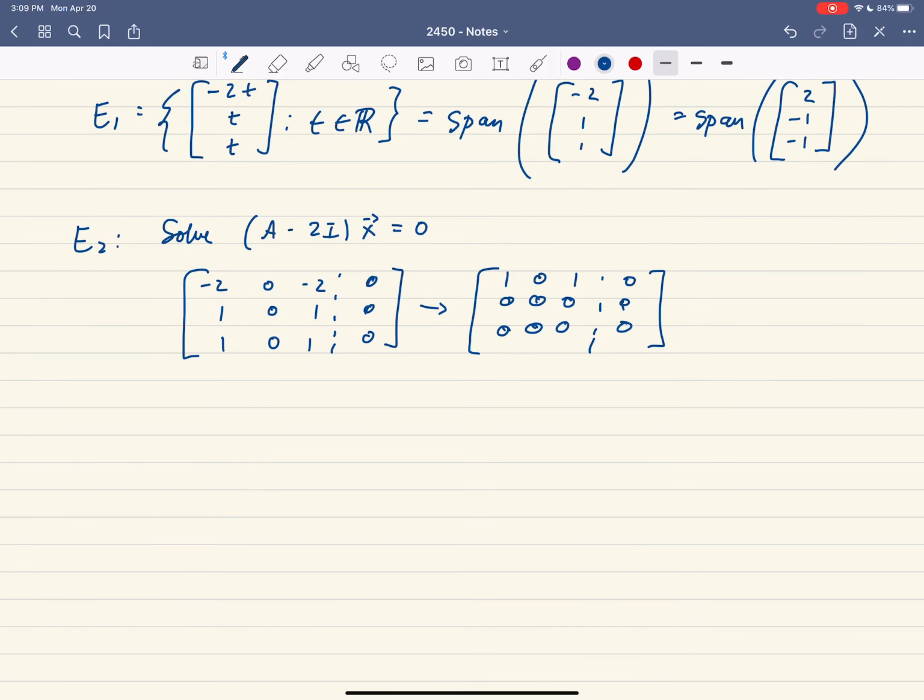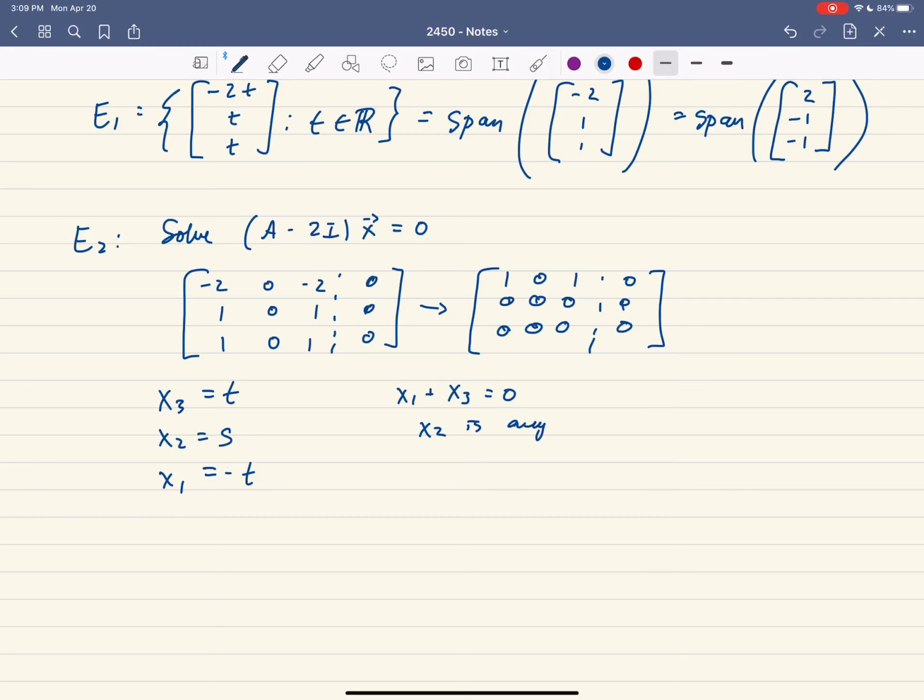And so now let's think about how to parameterize this. Of course, we can let x3 be t like usual, but there's no restrictions on x2, right? There's nothing that we're saying about x2. x2 can be whatever we want. x2 we'll call s. x1 we're going to call minus t, because the first equation says that x1 plus x3 is 0. The bottom 2 lines say x2 is anything.